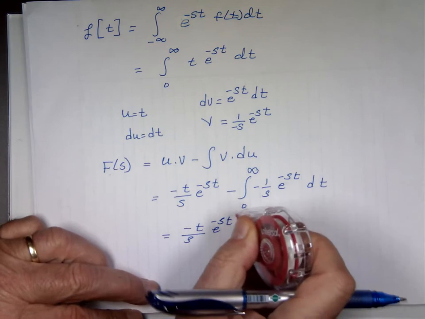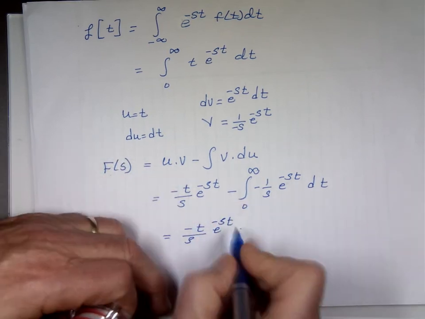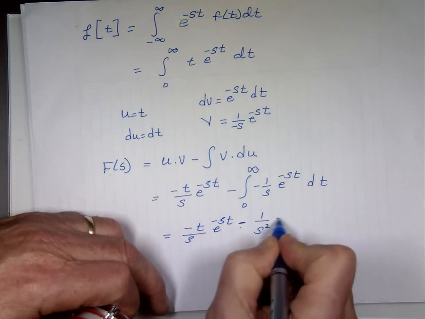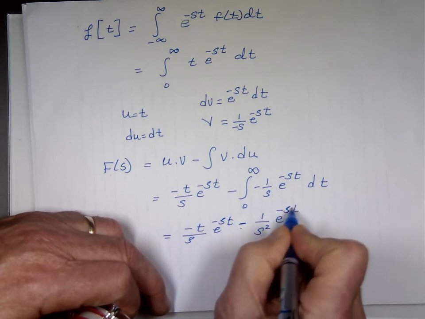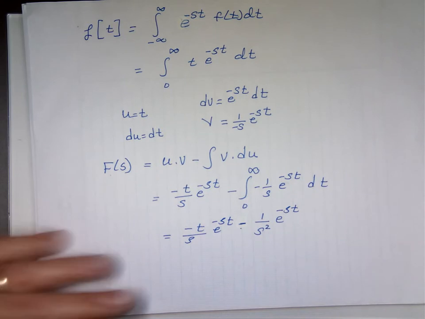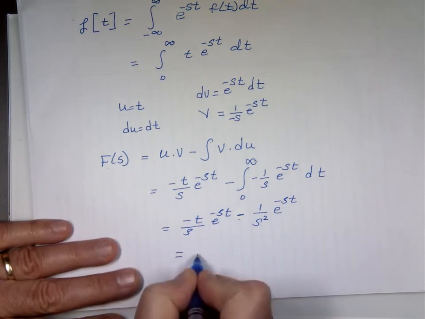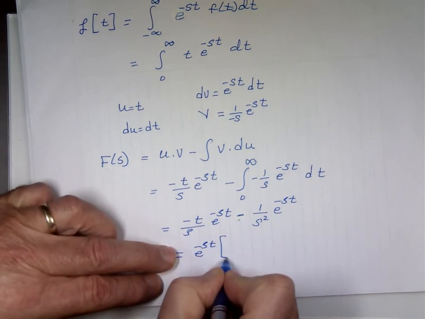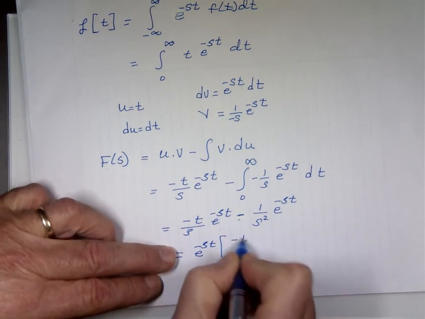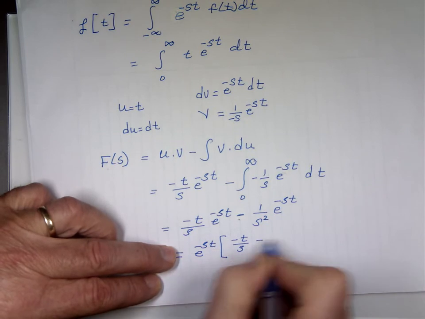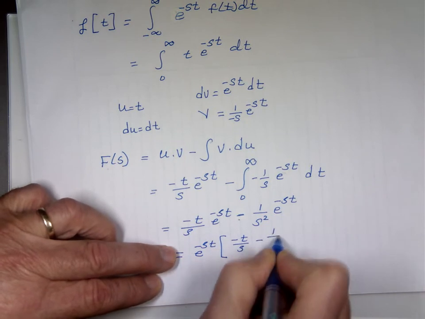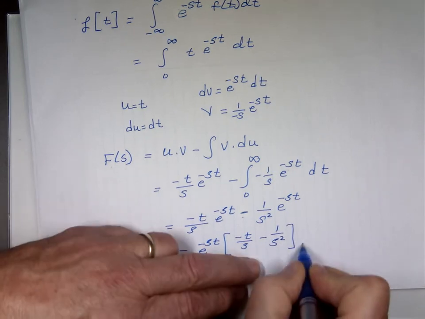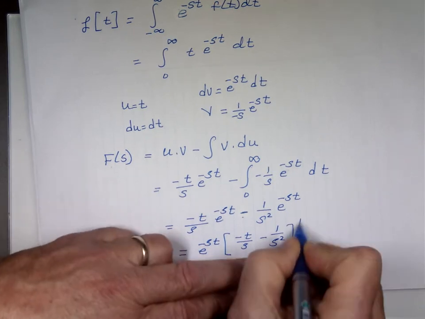So that final answer is going to be a minus. You're going to have 3 minus signs. Minus 1 over s squared e to the minus st. So if you factor e to the minus st out, you're going to have negative t over s minus 1 over s squared, and t is going from 0 to infinity.